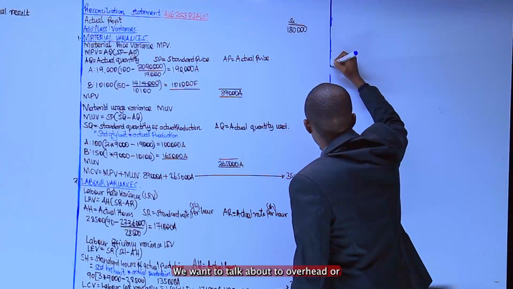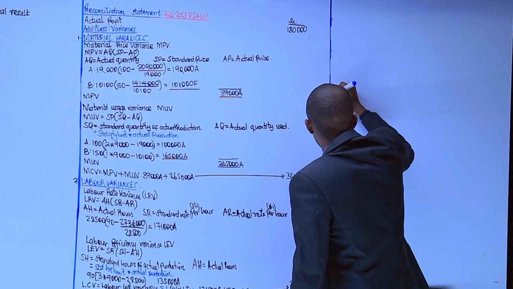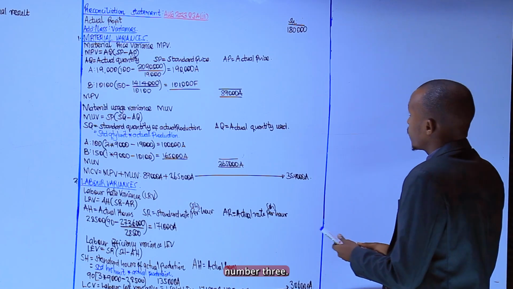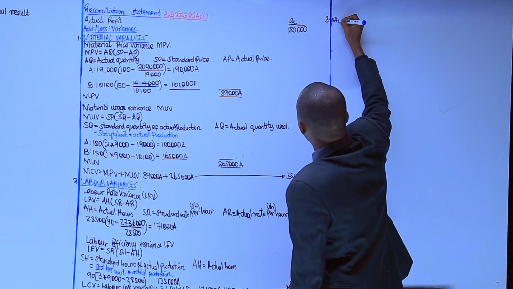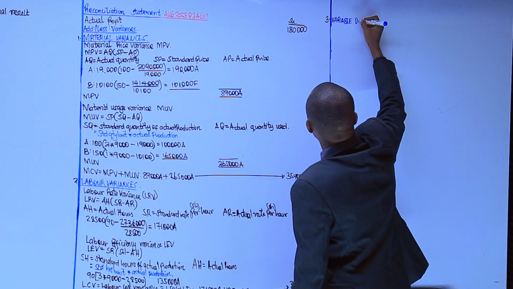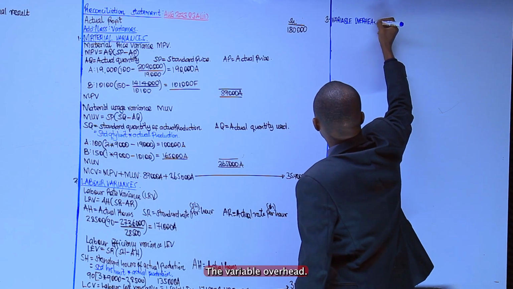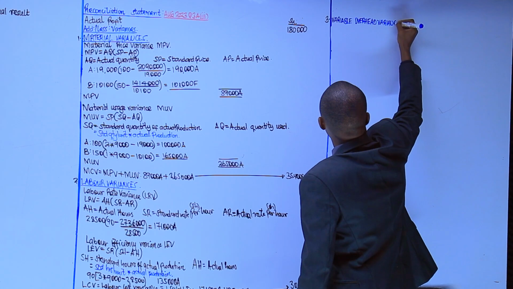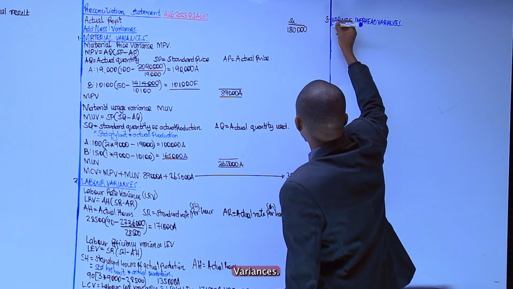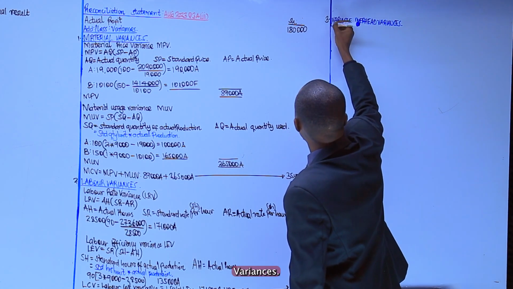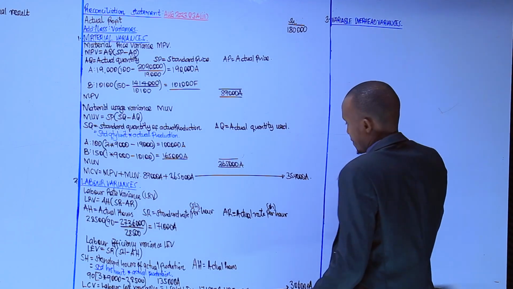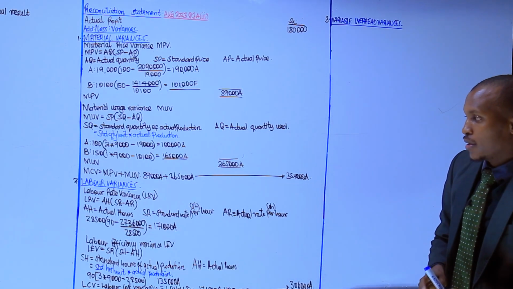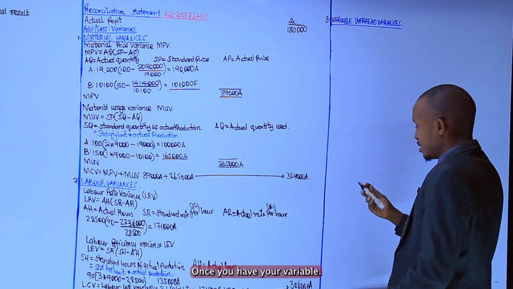We want to talk about your overhead variances. Now number 3, your variable overhead variances. Your variable overhead variances will be two main ones.